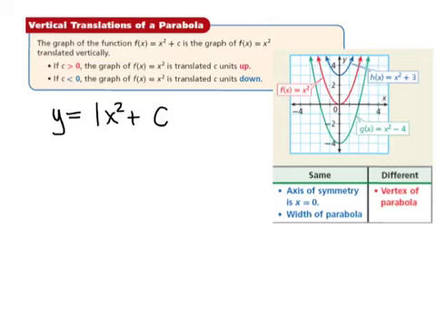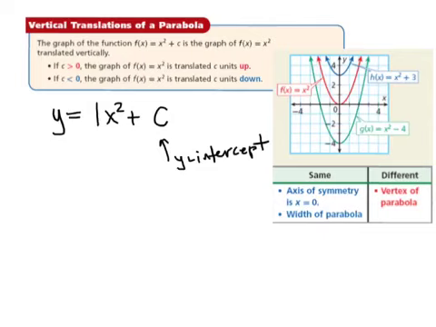As we increase c, remember we talked about this being our y-intercept, our graph is going to move upward. And if we decrease this, our graph is going to move down.